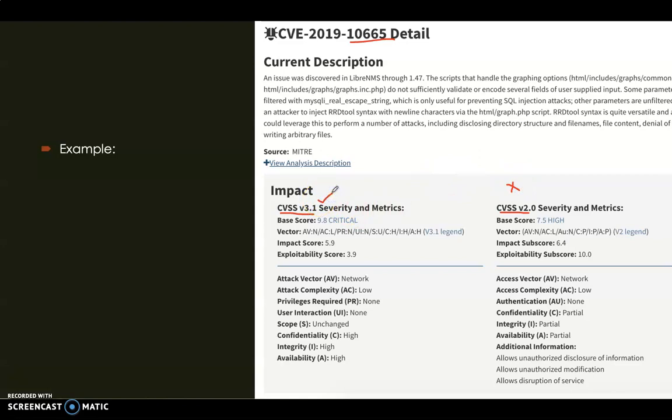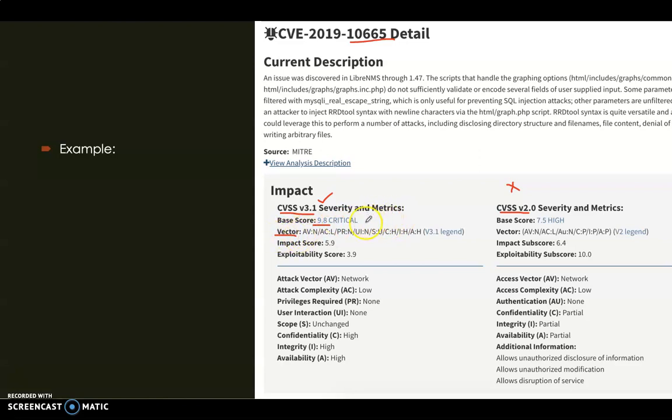As you see, it has a corresponding CVSS string or pattern corresponding to this CVE, and the base score is 9.8 for this vulnerability, which has the vector pattern as mentioned here.